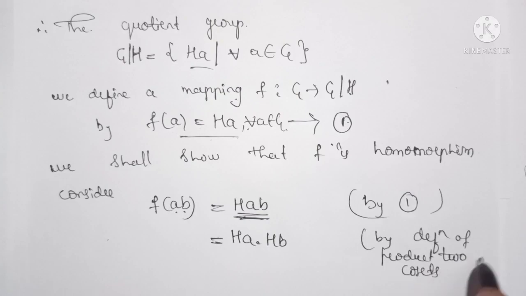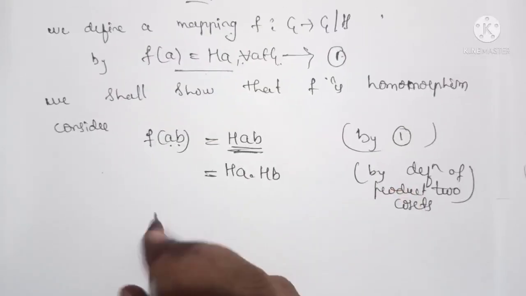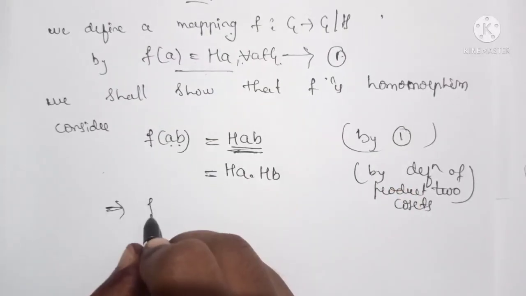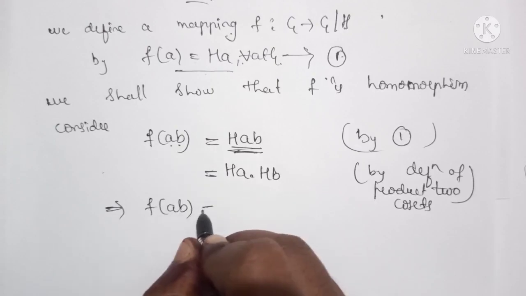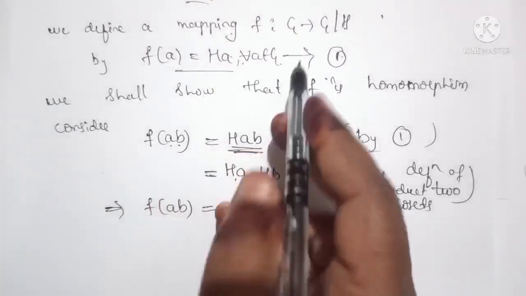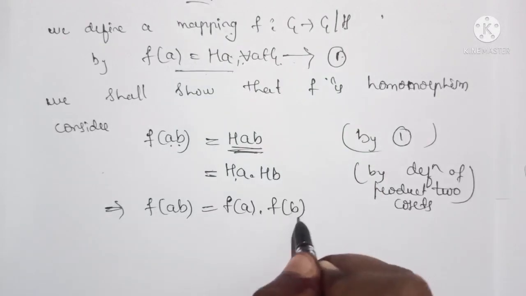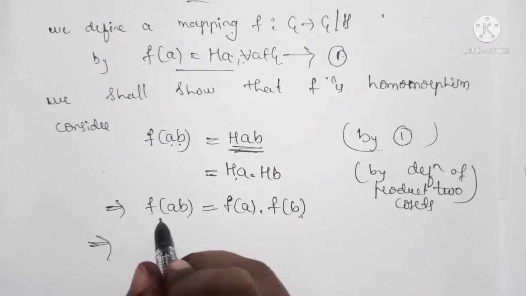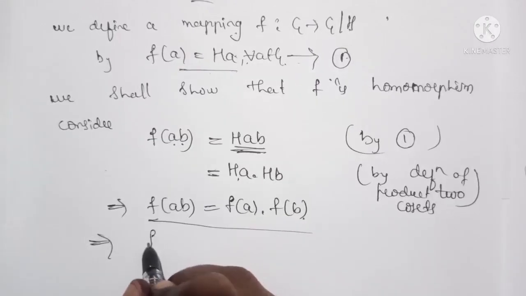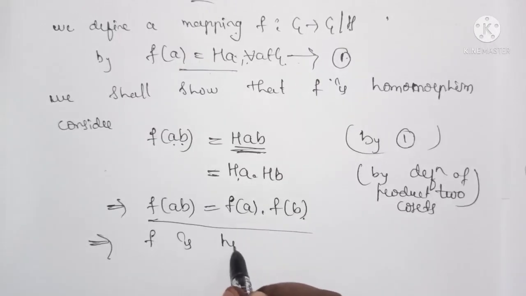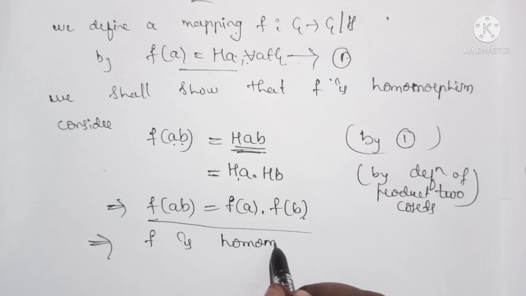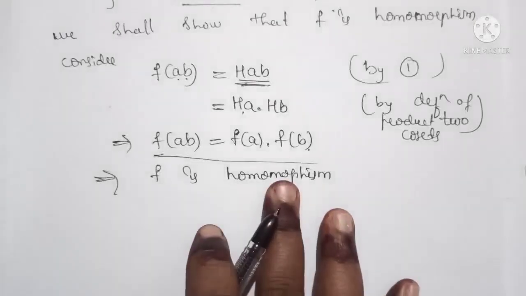By equation 1, it is F of A into F of B. Therefore we can say that F is a homomorphism.